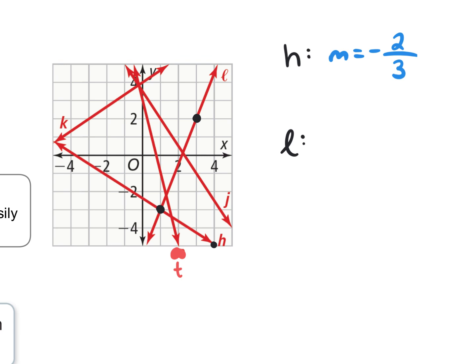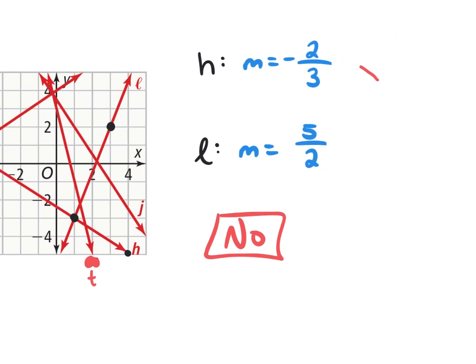Thank you. What's the run? 2. Are those perpendicular? No. Because again, we said that if it was perpendicular to H, it would have to be 3/2. What if it was perpendicular to L? It would have to be, what else do I need with that? The negative, yep. So make sure you're switching the sign and switching the direction of the fraction, okay?